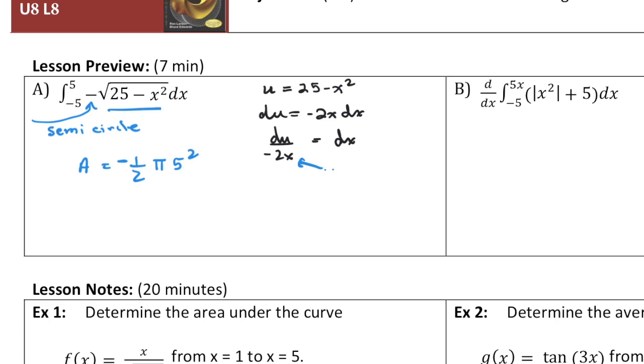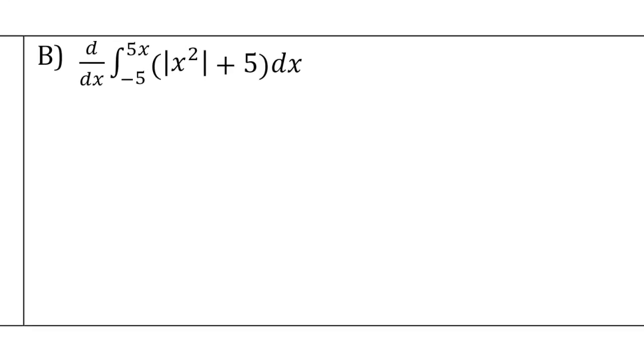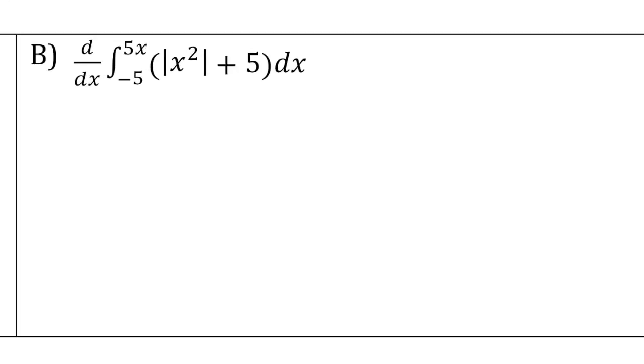Now, for question B, did you recognize that you needed to use the second fundamental theorem of calculus in order to solve question B? So when you find the derivative of the antiderivative, first you substituted in your 5x. You get the absolute value of 5x squared plus 5.